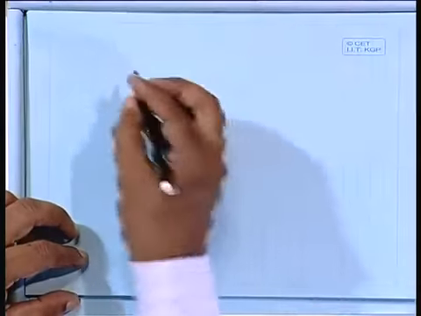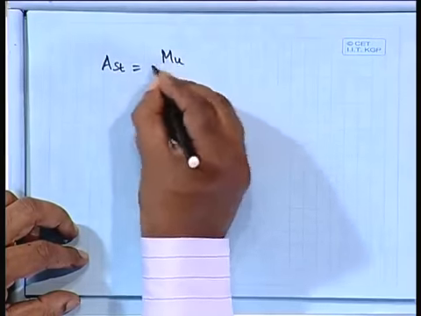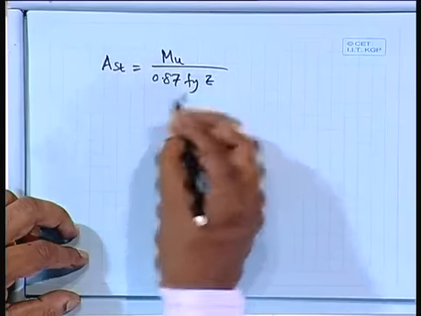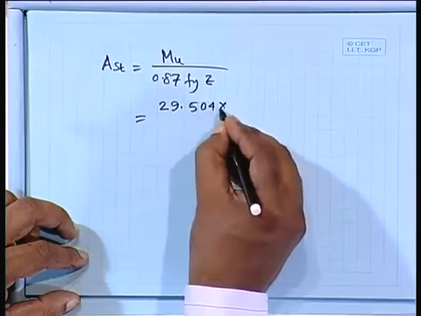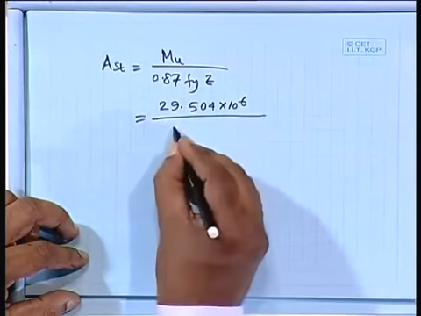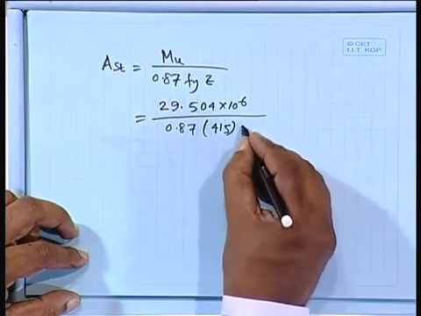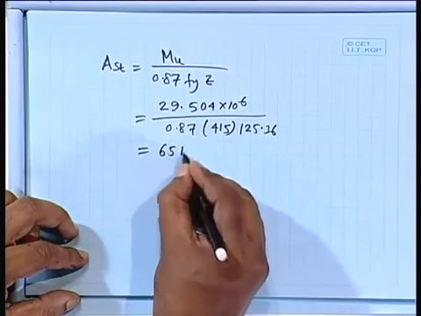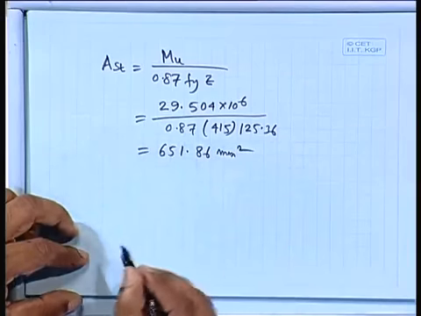So what about the area of steel then? Area of steel will be equal to mu by 0.87 fy times z, which comes as 29.504 into 10 to the power 6 divided by 0.87 times 415 times 125.36 equals 651.86 millimeter square.